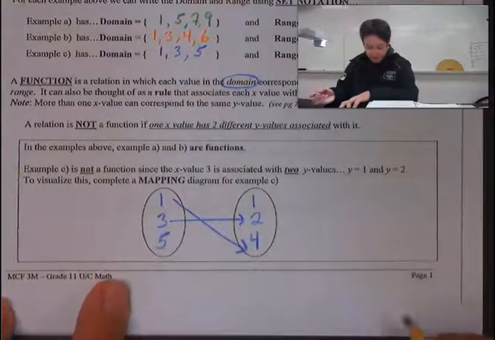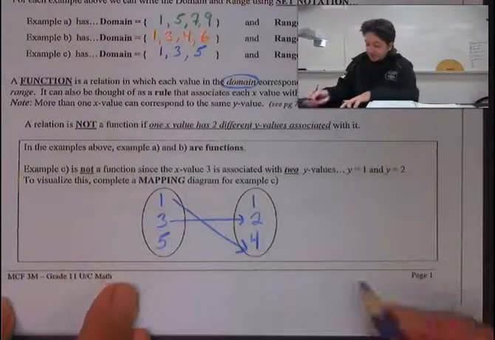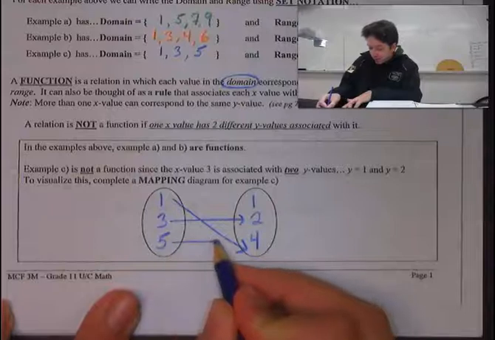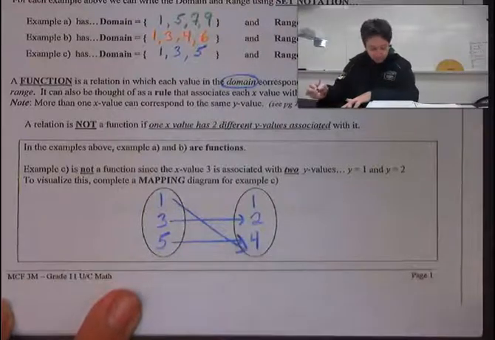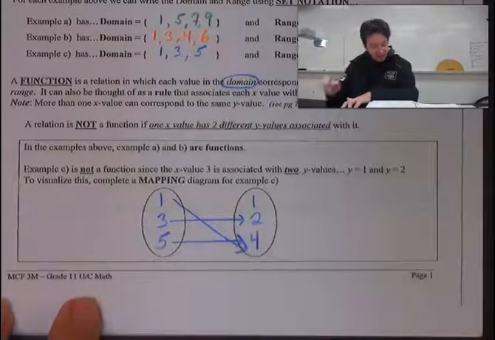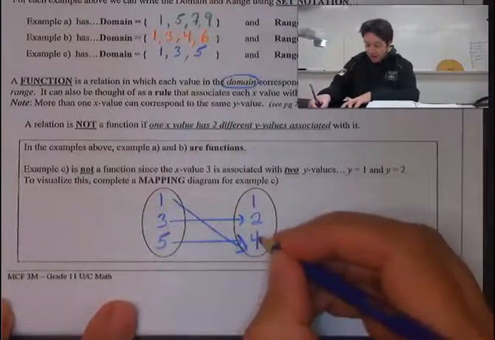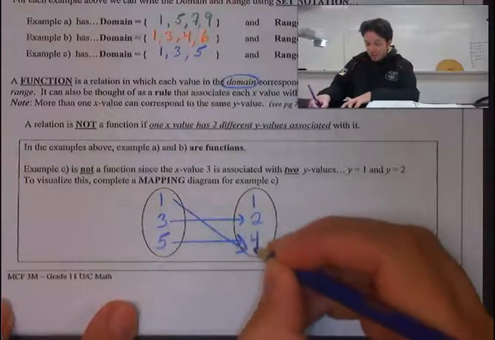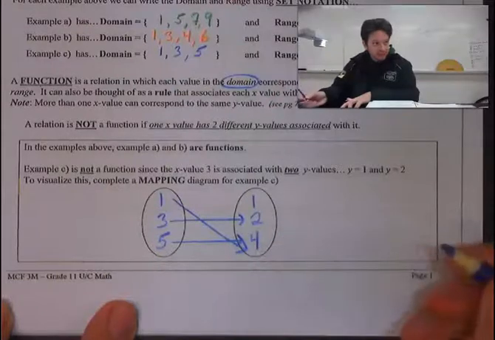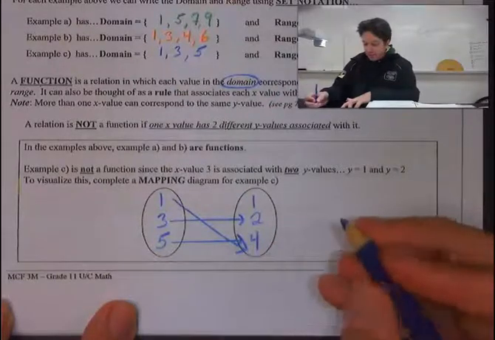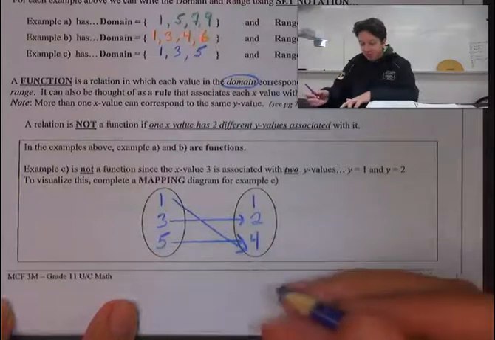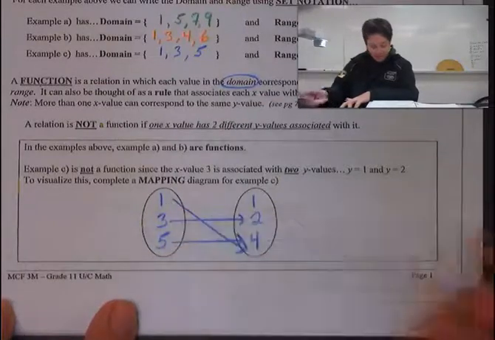Then the next one, 5 matches with 4. And even there, that's okay. So we have 2 range values, or 2 y values, which is fine. You can have two different y values as long as their x values are different.